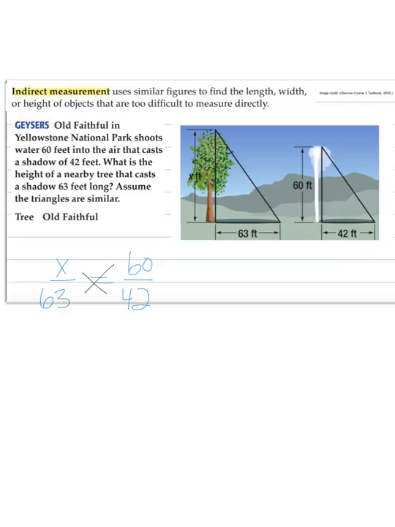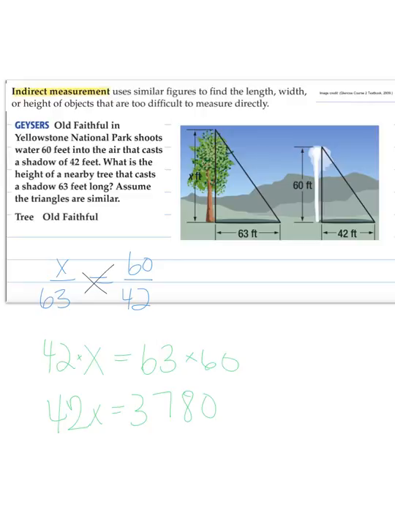Do my cross multiplication. 42 times x equals 63 times 60. So we have 42x, 63 times 60, 3,780.